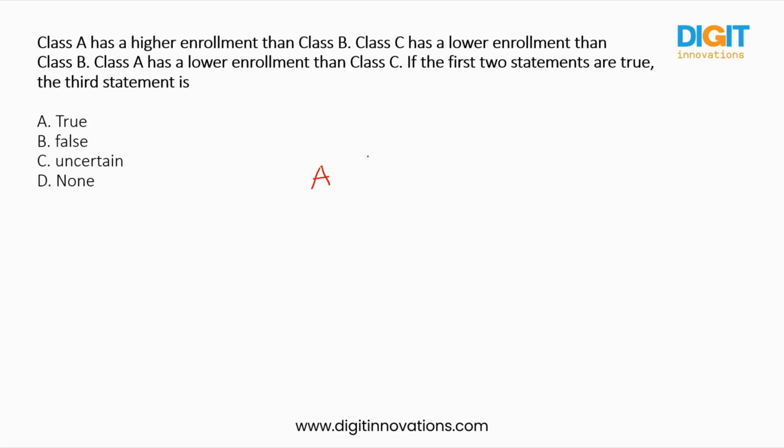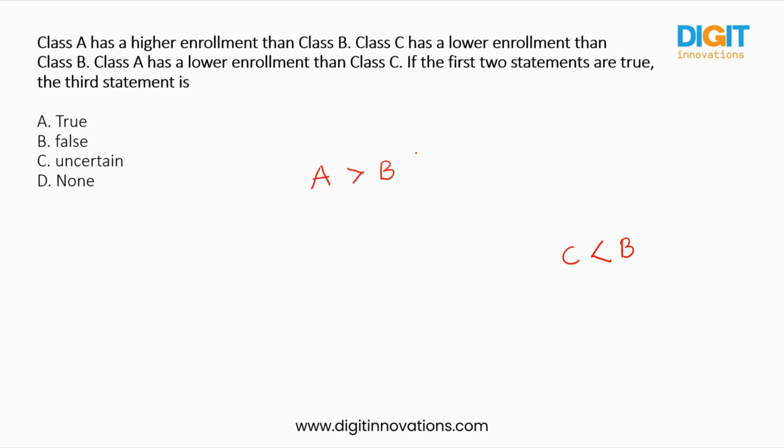That means the number of persons present in class A is more than present in B. For example, here 40 members are there in A, less than 40 members are there in B. Next statement is class C has lower enrollment than class B. That means the number of persons present in C is less than those present in class B. For example, here 20 people are there, here 30, more than 20 people will be here.